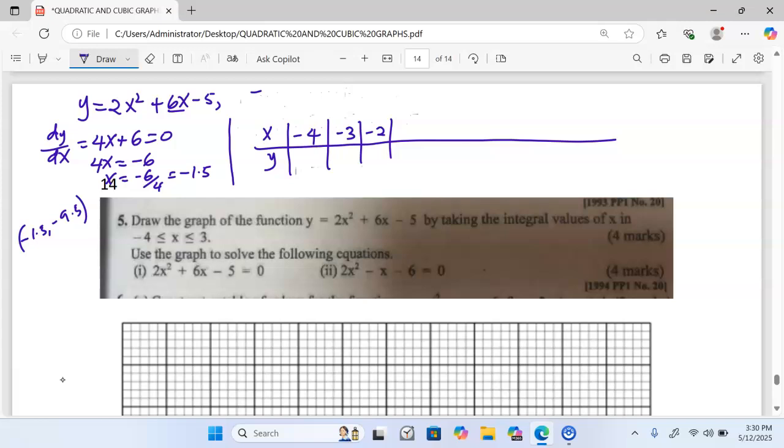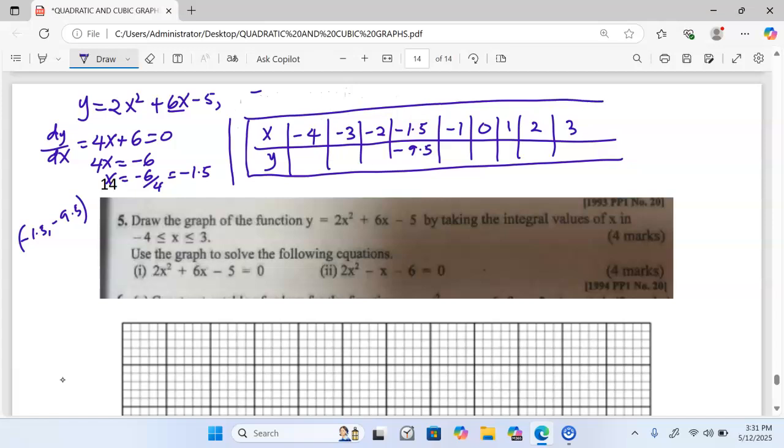Then before we go to −1, we have −1.5, which is our turning point, and −9.5. Then we have −1, 0. After that, we go to 1, 2, and lastly 3.